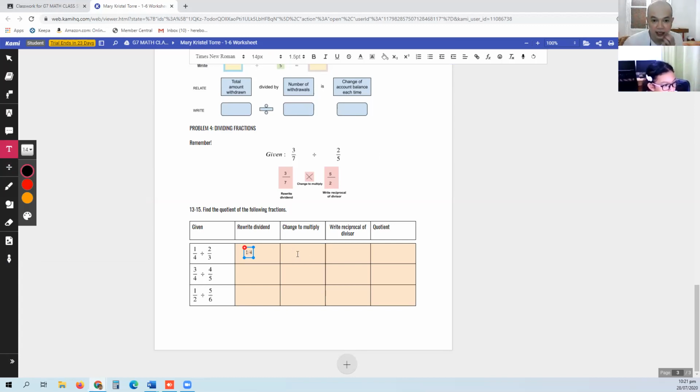Okay, yes. And then just times x. All right, and then the reciprocal of 2 over 3. What is the reciprocal? You switch. Yes, correct. And then multiply 1 times 3. That's 3 over 8. 3 slash 8, yes. 2 times 4, 8.